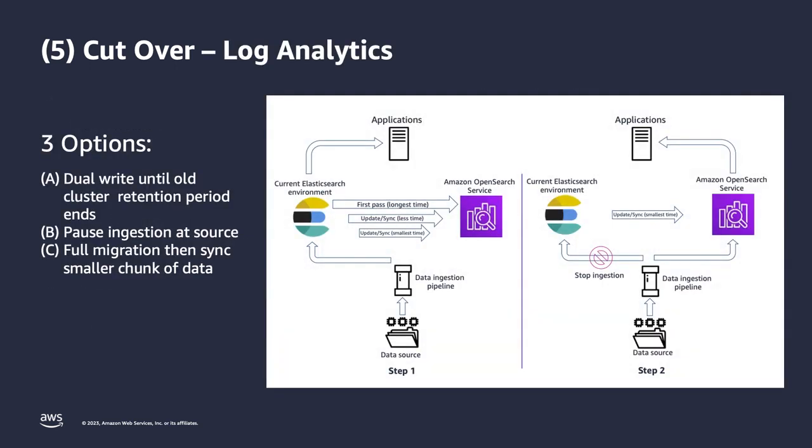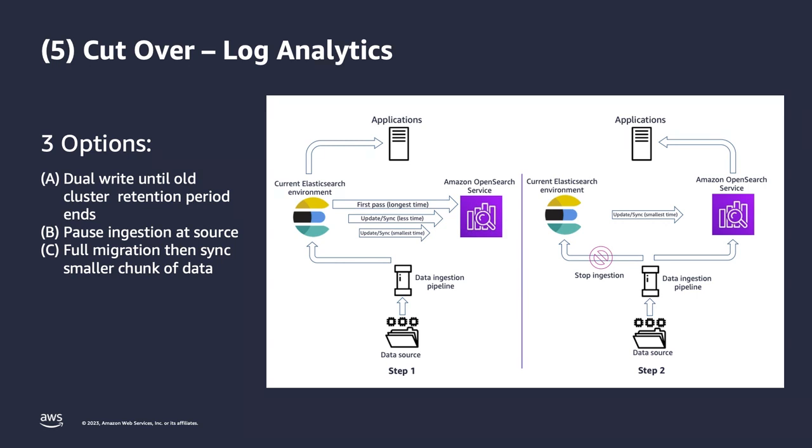There are three options in log analytics because you want to make sure that you maintain ingestion. You don't want any huge gap or huge latency when you cut over from your previous log cluster to Amazon OpenSearch Service.